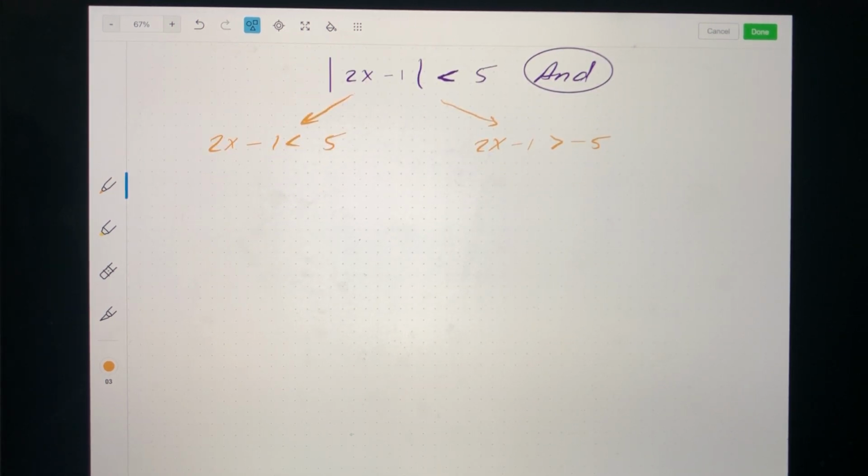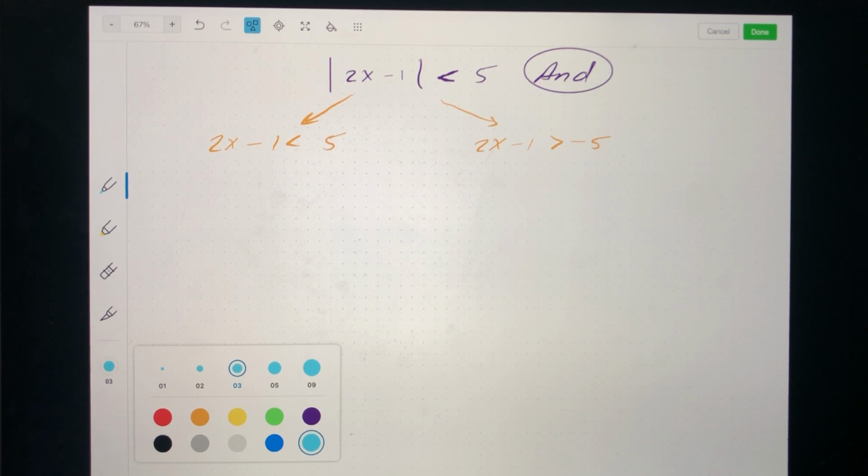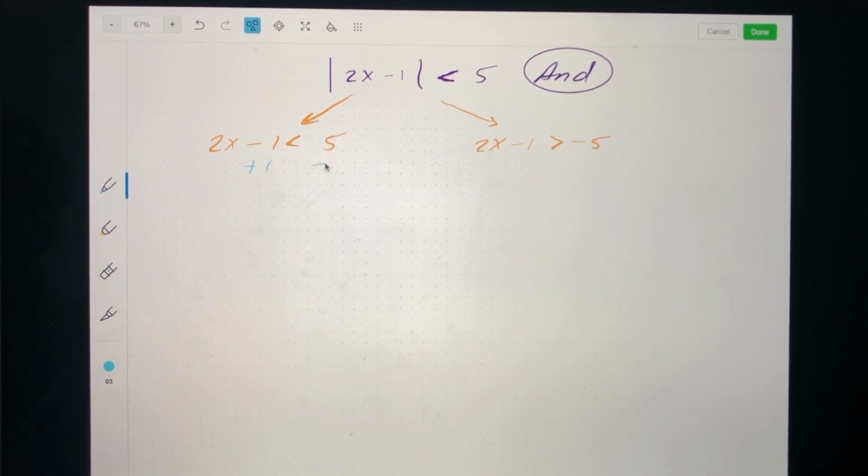To finish, we undo all the remaining operations following the order of operations PEMDAS, and we undo the minus 1 by adding it to both sides. That makes 2x less than 6, x less than 3, because once we divide both sides by 2, 2 goes into 6 3 times. So that's the first half.